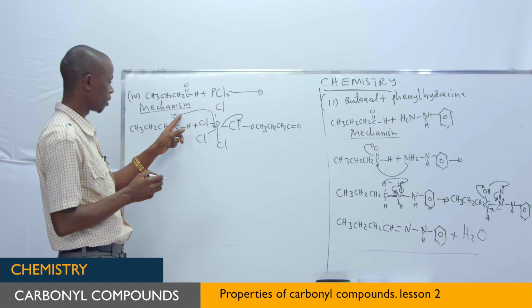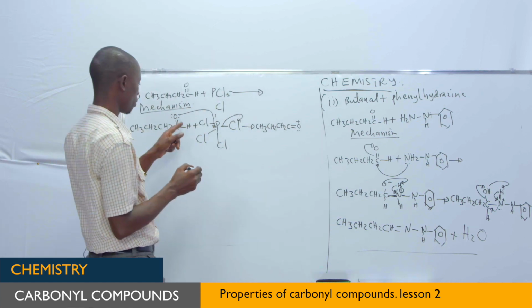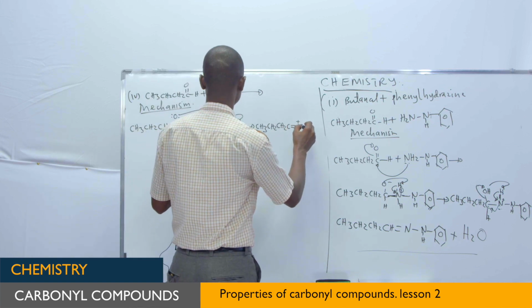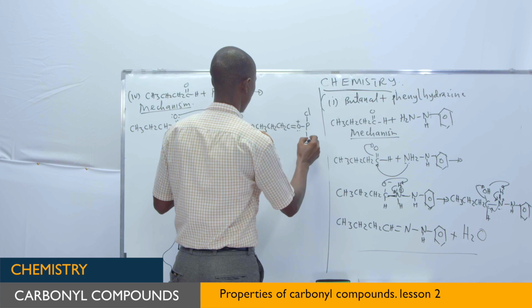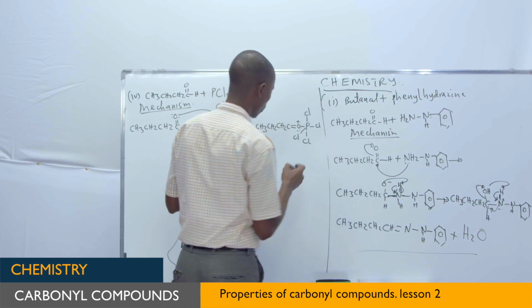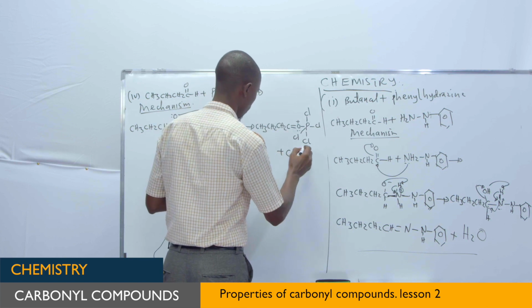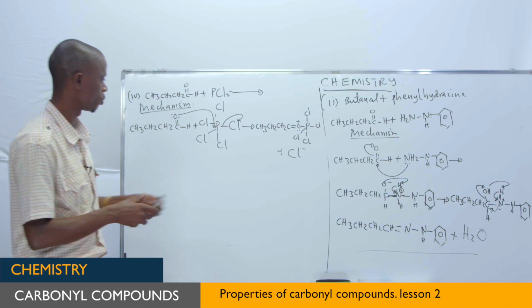This one, after losing this lone pair, will be positively charged. One of the lone pairs is lost, making a bond with phosphorus with 4 chlorine atoms and the chloride ion, this one. So these are the products.